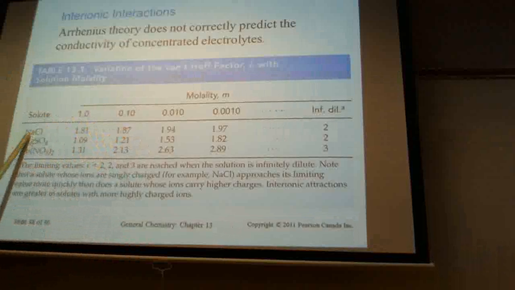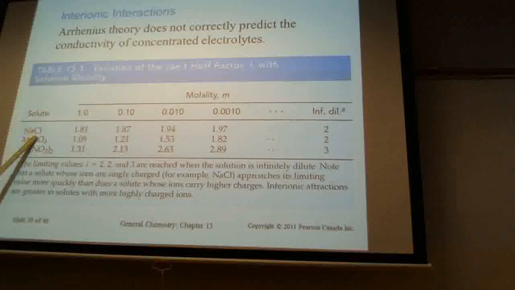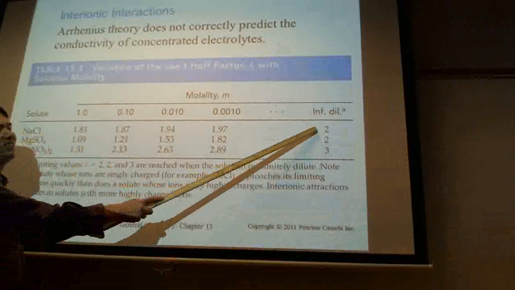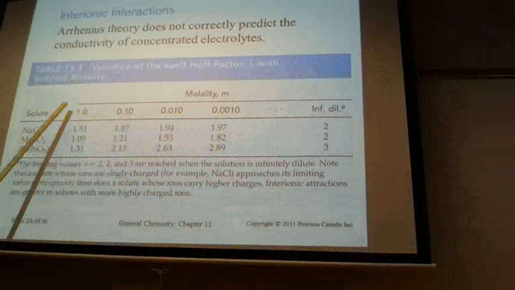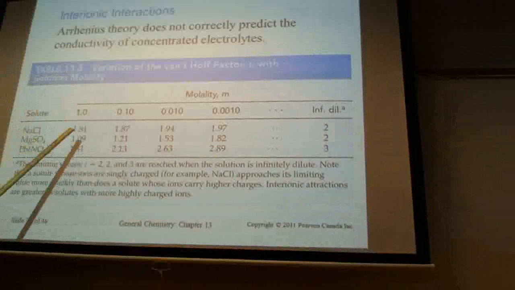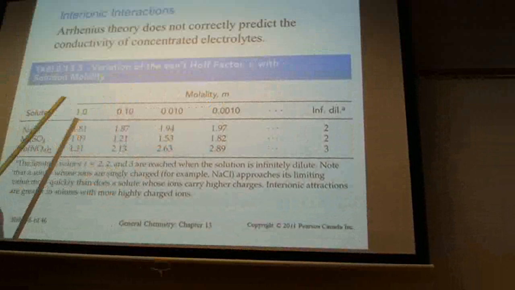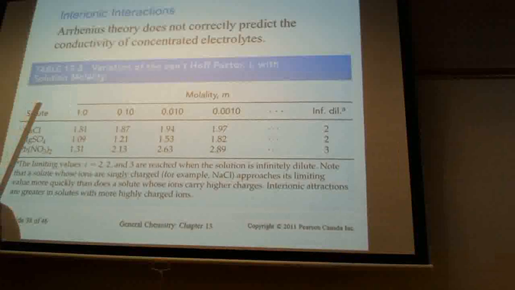If you have sodium chloride, that's two solute particles, sodium ions and chloride ions, so we expect two solute particles. But as the concentration increases, the solute particles don't completely separate. And so at 1.0 molal, 10% of the sodiums and chlorides are going to stay together.